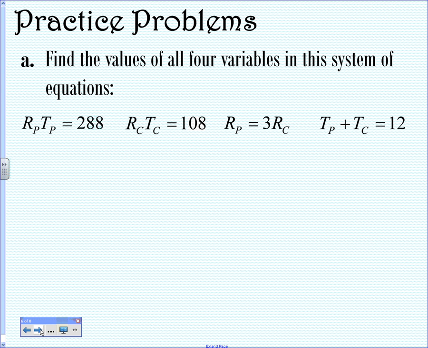Some of your answers are going to be strange for this one. They're not going to be whole numbers. So don't erase your work if you get to a strange number. Yes, strange number as in a fraction.